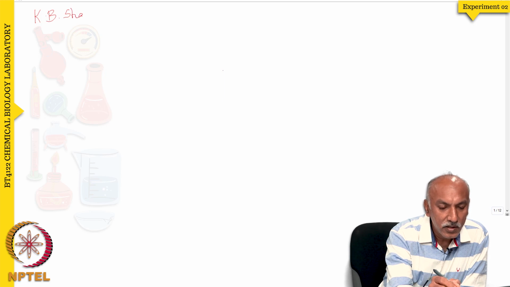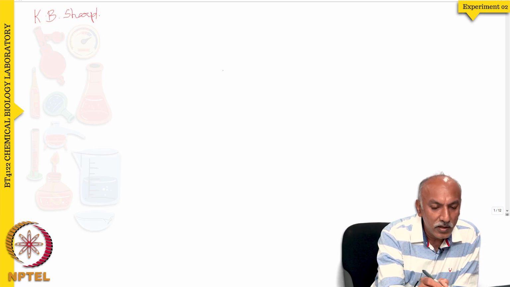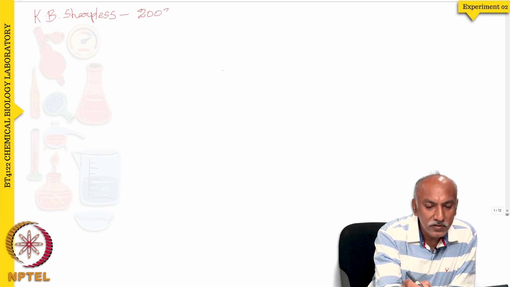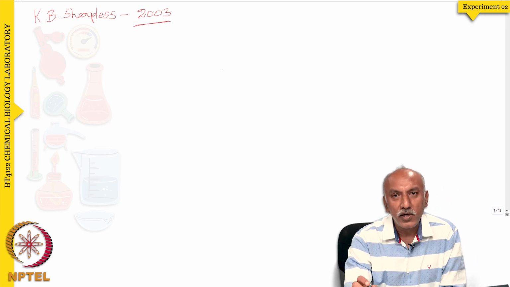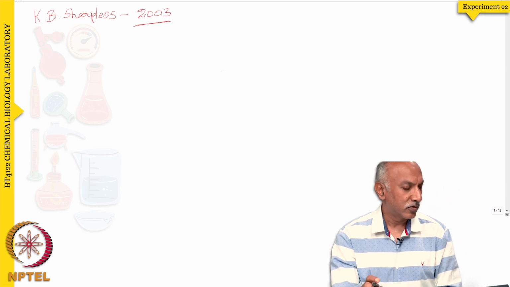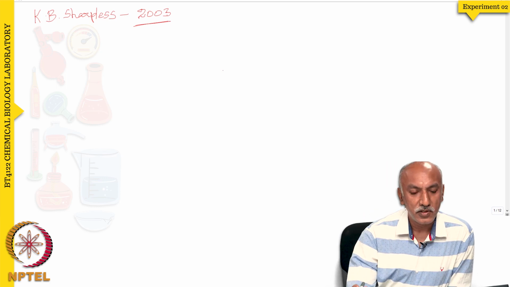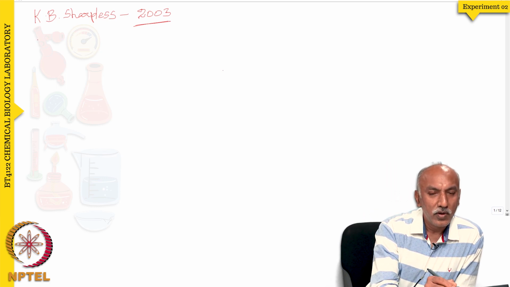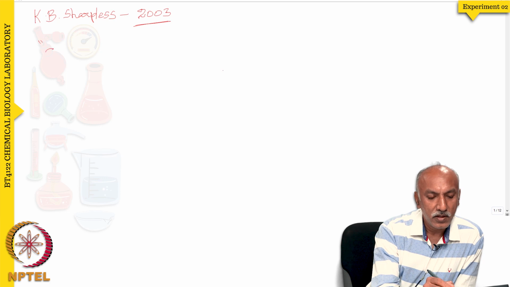2003. It was only for the synthesis of small molecules, the triazole molecules. That is click chemistry. So, why is it called click? Why is it called click chemistry?